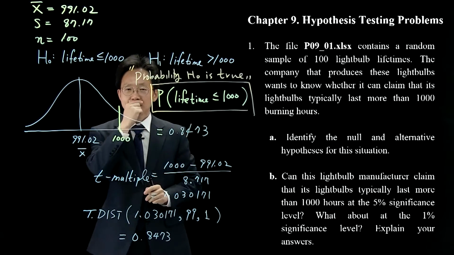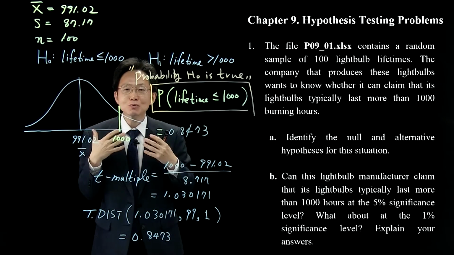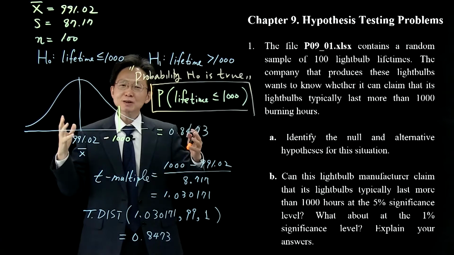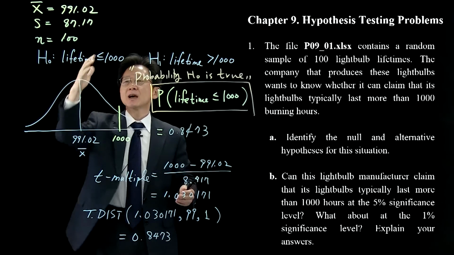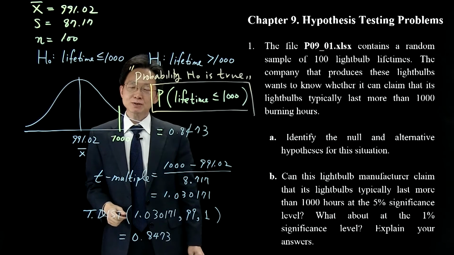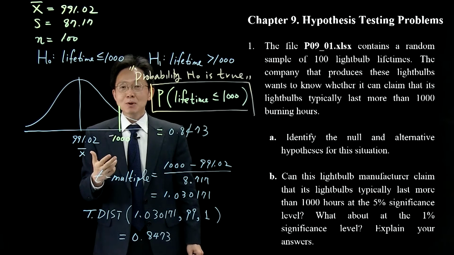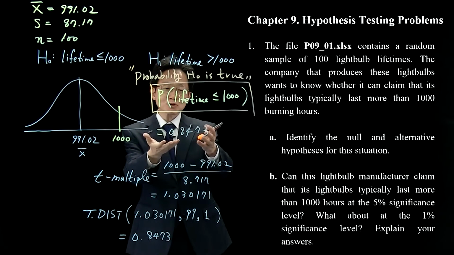Given that evidence, given that result, do you think you want to reject the null hypothesis? Do you think you will feel comfortable if you say that I reject this null hypothesis? What do you think? Probably not, because the evidence is so strong.